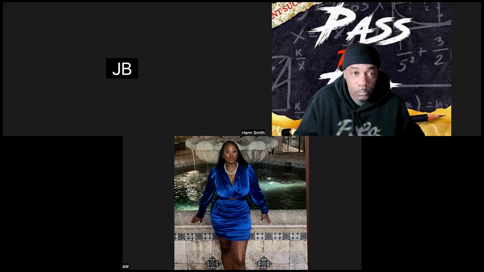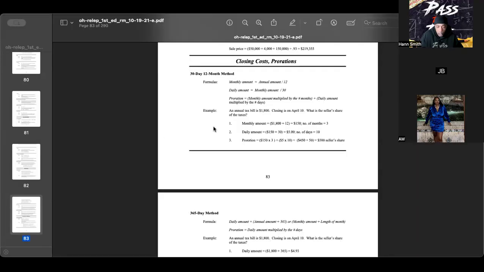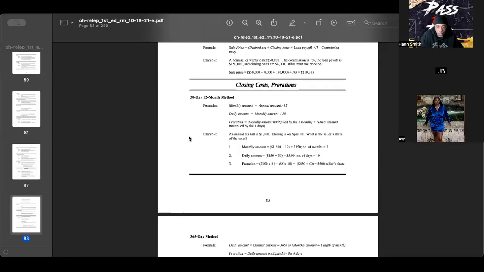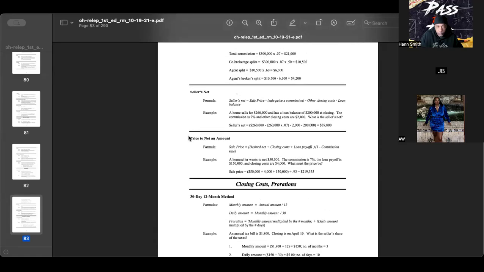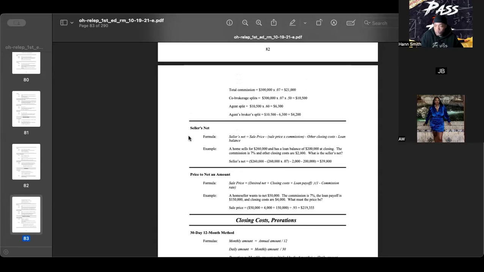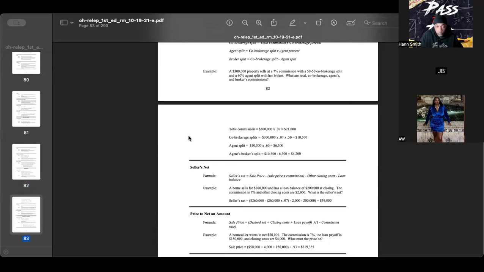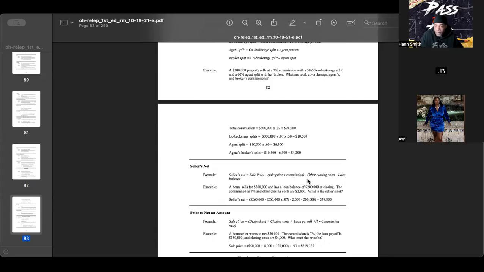The old school. All right, here we go. Right here, seller's net proceeds. So there's an equation for seller's net proceeds.